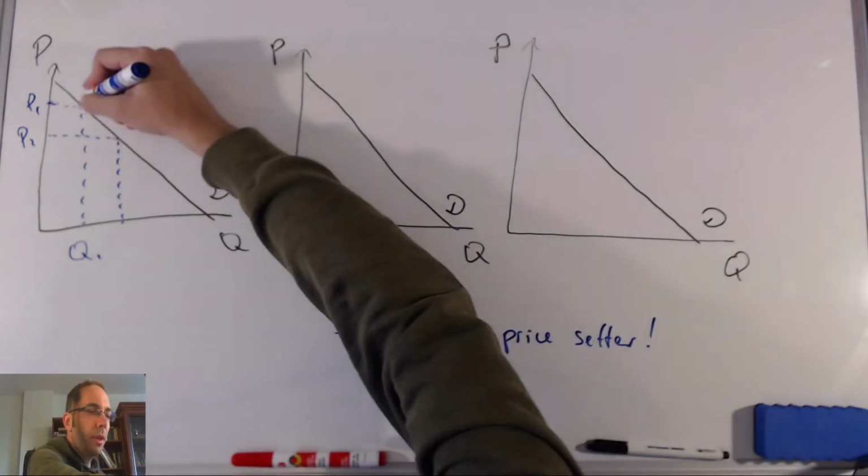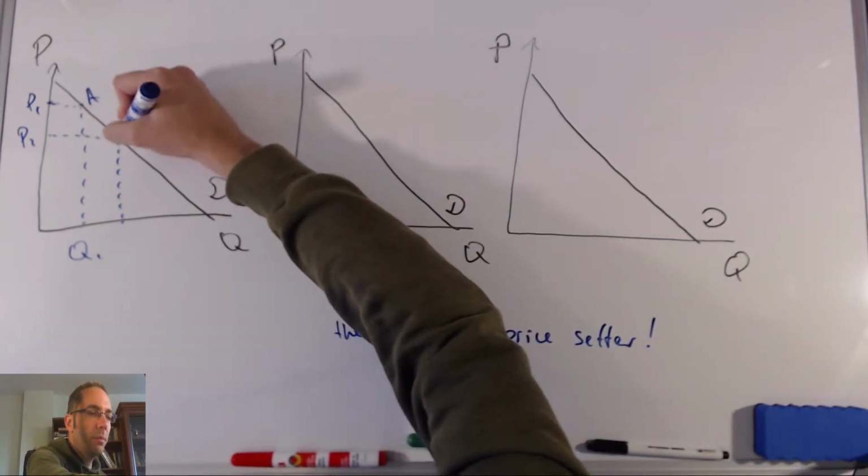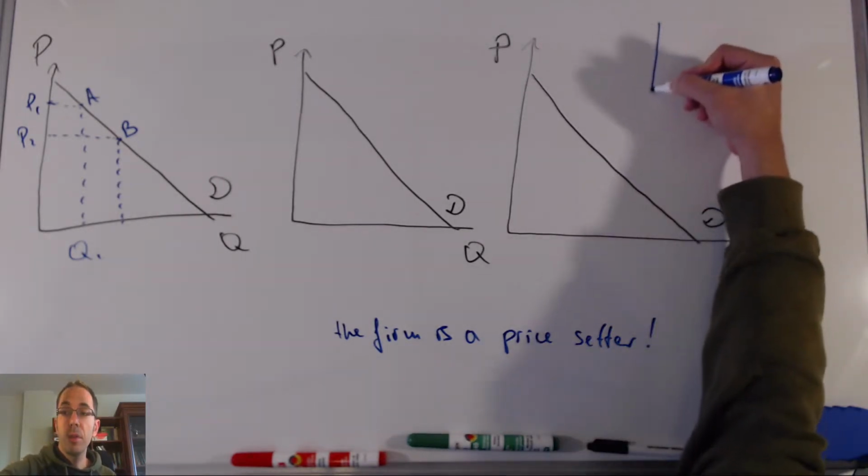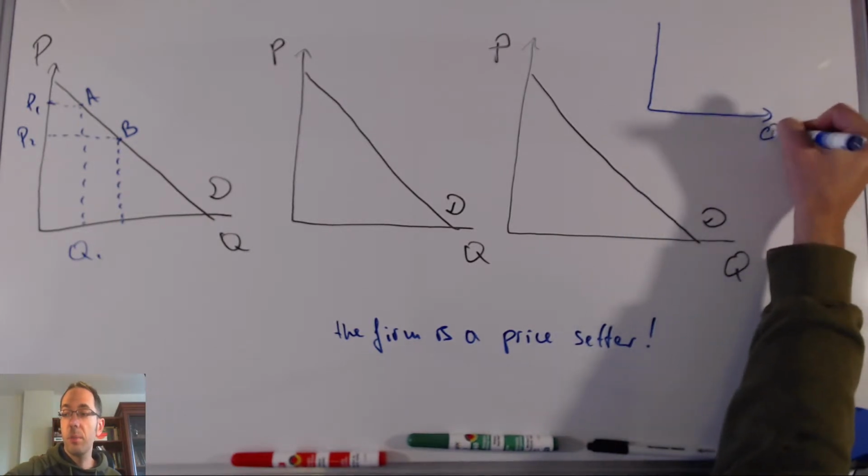So we move from point A towards point B. Now, what is interesting is to see, first of all, in which part of the demand curve we are located. If you remember, the price elasticity of demand varies along a straight line demand curve. And in the upper part of the demand curve, the price elasticity of demand is elastic, and in the lower part, it's inelastic. I had a separate video showing that, but just a quick recap.